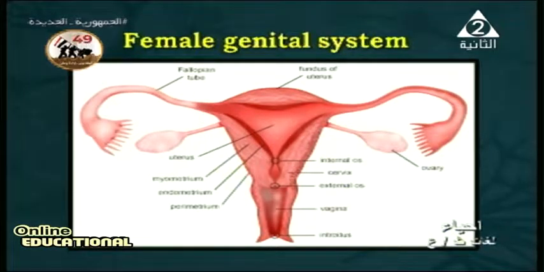You can see that it takes the shape of a pear inside the abdominal cavity. Again: two ovaries, two fallopian tubes, the uterus and the vagina.